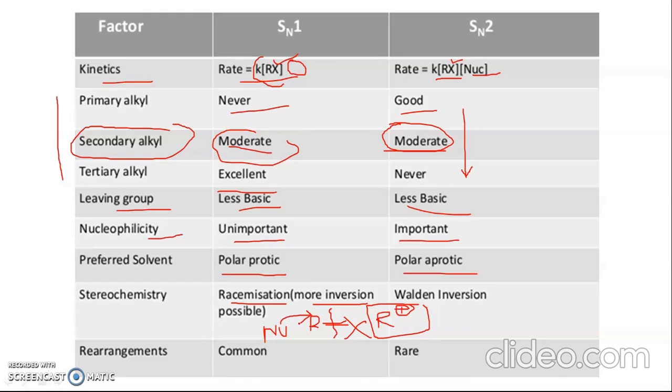But if R plus is stable and the R-X bond breaks at a very fast rate, then you can expect racemization. In SN2, it is mostly inversion, also known as Walden inversion.